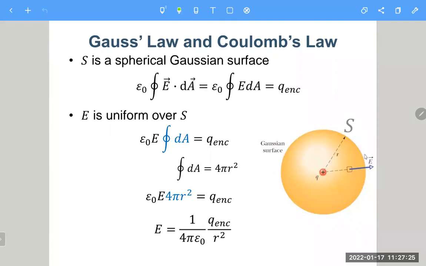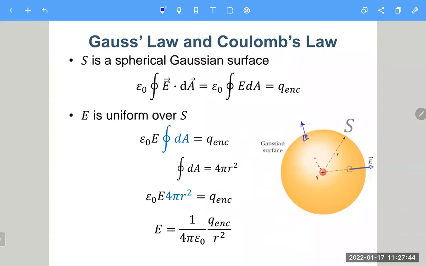For example, for this one, we have dA pointing outside and perpendicular to the surface.